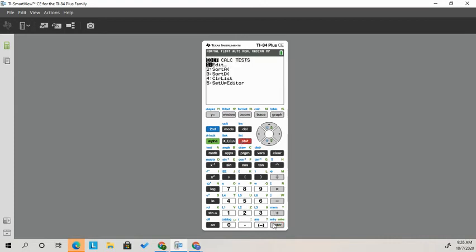Now I go back in my lists, and at the top of list 3, clear that out. Remember, I made that mistake where I was highlighted here instead of here. So I'm going to do parenthesis, L1 minus the mean.